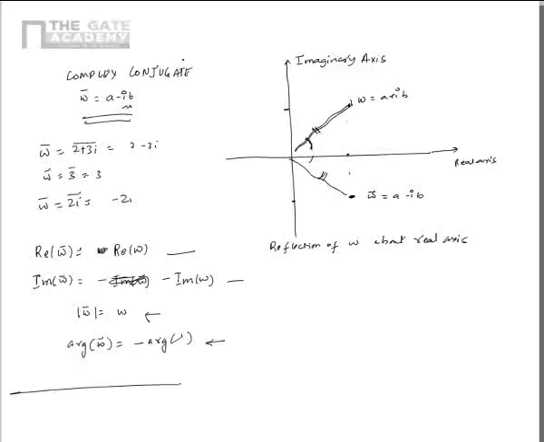Okay, so now let's see the various complex arithmetic operations. Addition and subtraction are different, so we'll not go much into detail, but what does multiplication mean in terms of graphs? That's the idea.